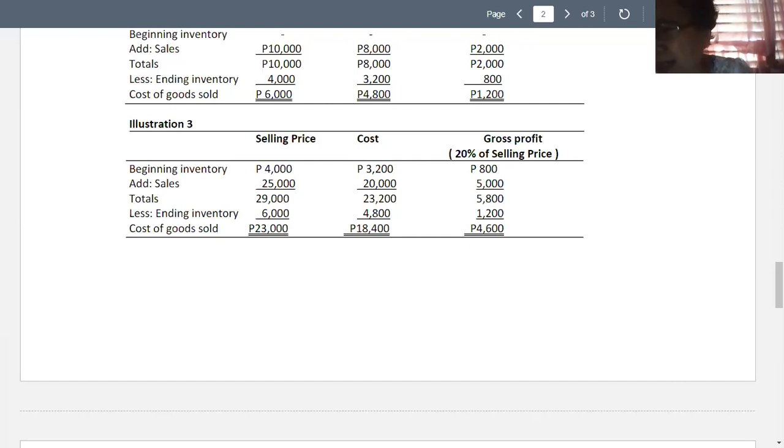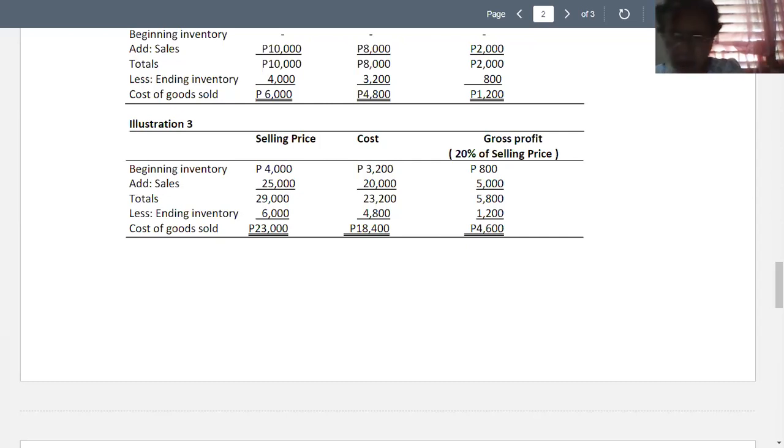So you get 10,000. The difference is attributable to parent, 119,600. So that's the amount of net income now attributable to the parent shareholders.